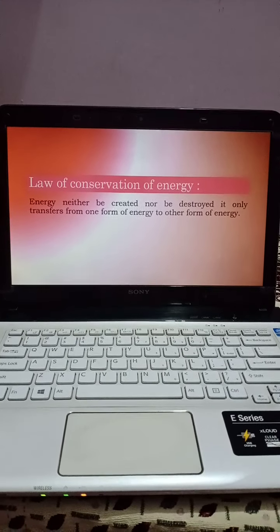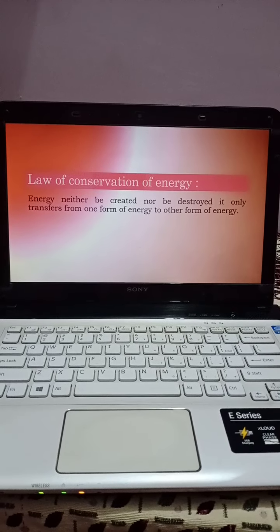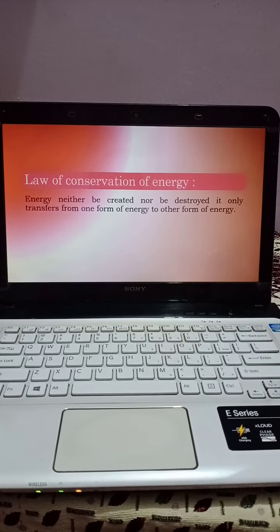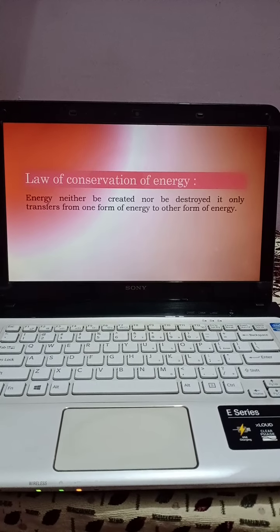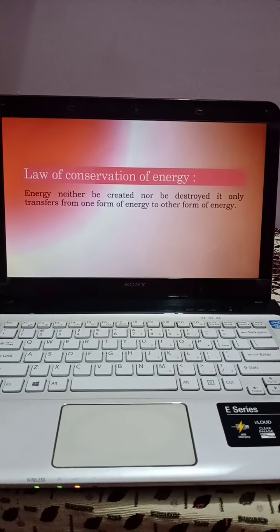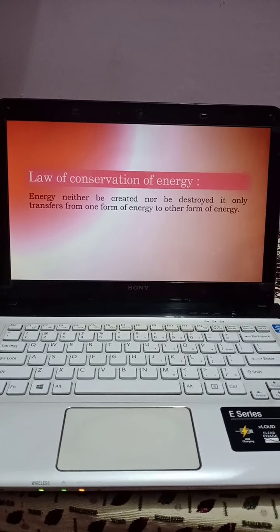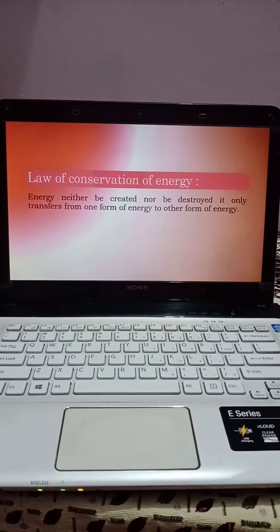According to the law of conservation of energy, energy can neither be created nor be destroyed, it only transfers from one form of energy to another form of energy. So this is the law of conservation of energy, that energy can neither be created nor destroyed, it only transfers from one form to another.